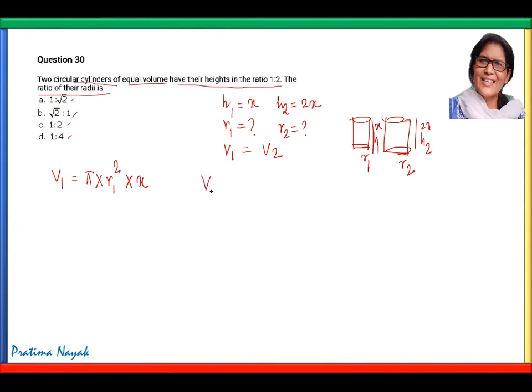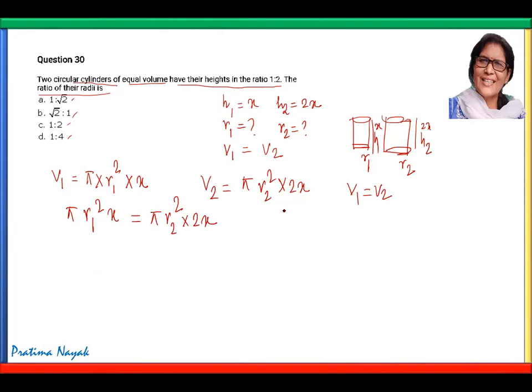And V2 is how much? It will be pi R2 square into 2x. And V1 is equal to V2. So let us make them equal. So pi R1 square into x is equal to pi R2 square into twice x. So what do we have to find out?